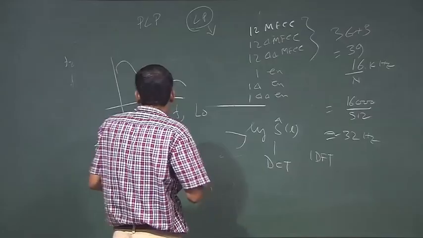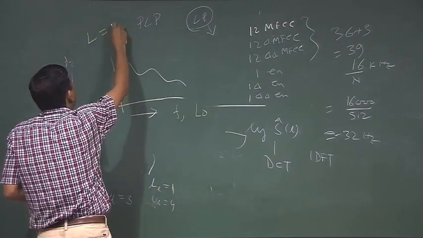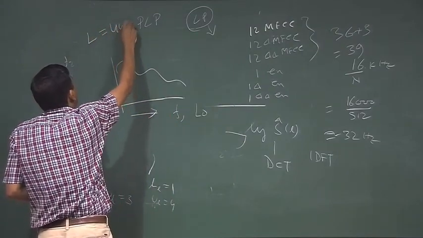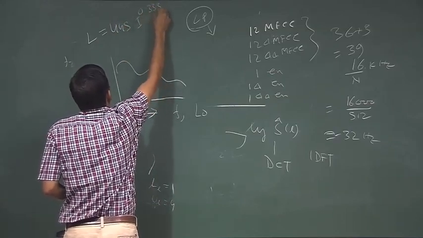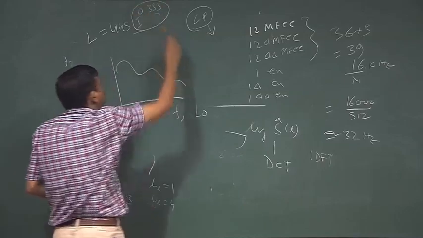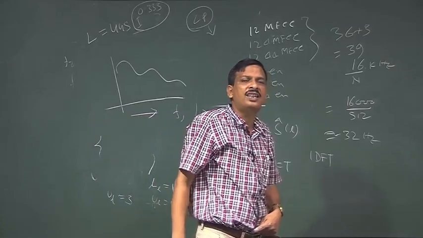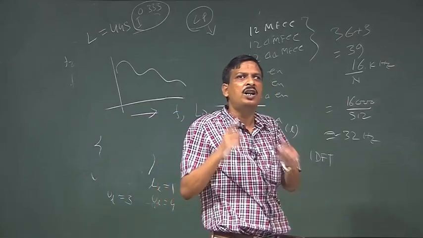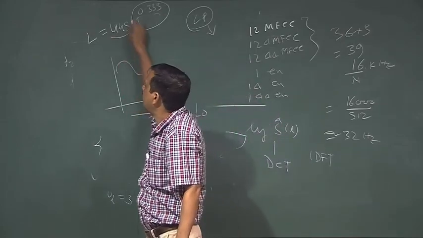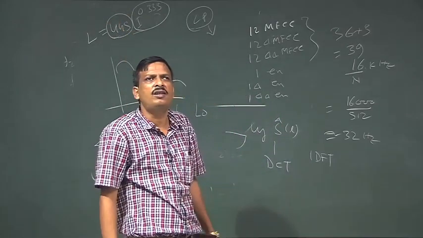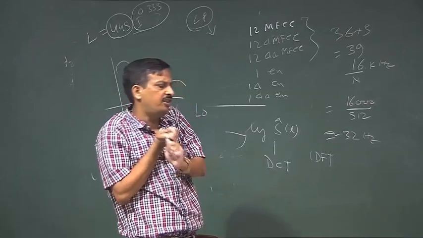If you remember, the relation between loudness and intensity is 445 into I to the power 0.333. It is the cube root of intensity. This is constant. So, modify the loudness using the cube root of intensity.